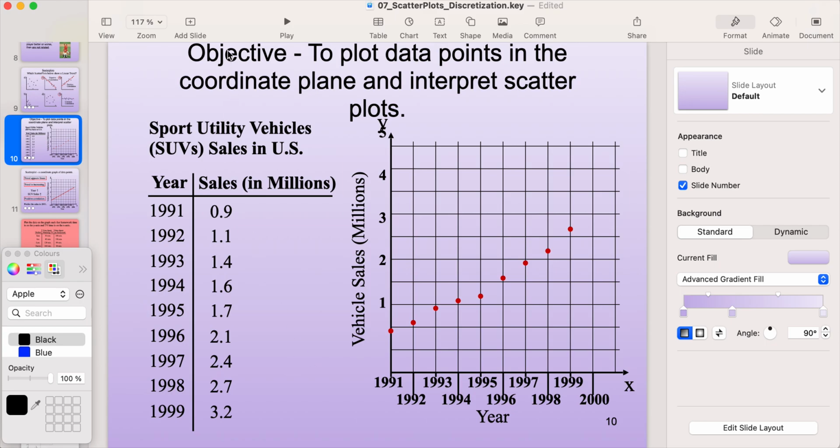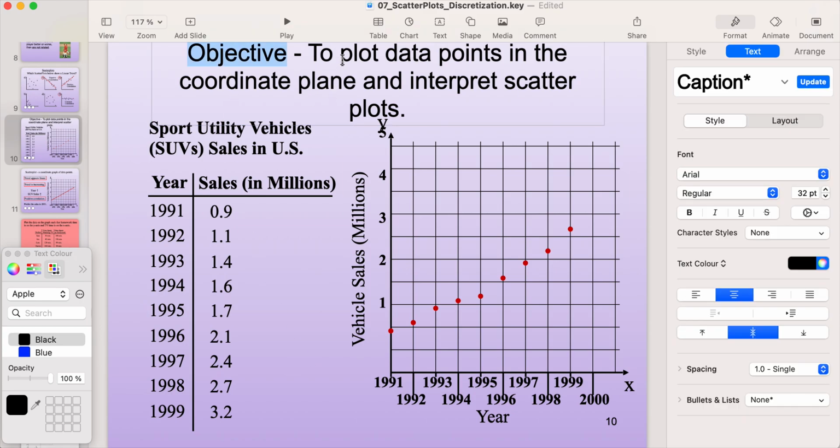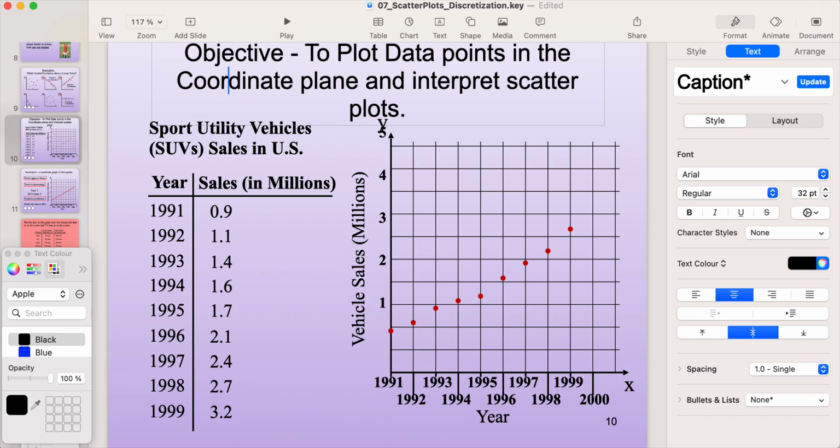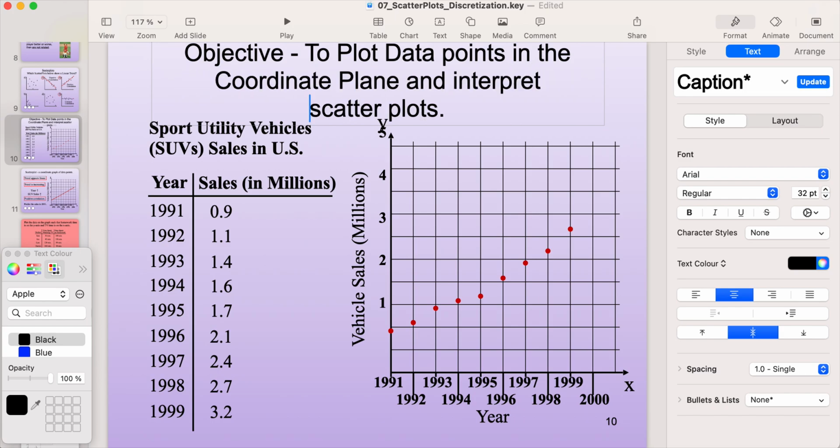Over here, we would like to plot the data points in the coordinate plane and interpret the scatter plot that we obtain.